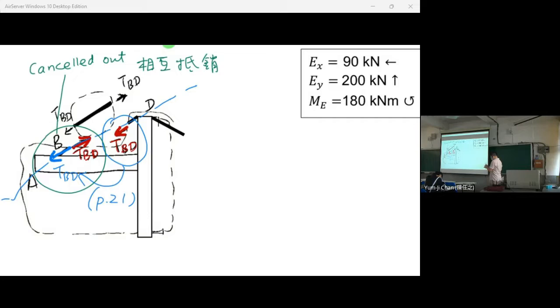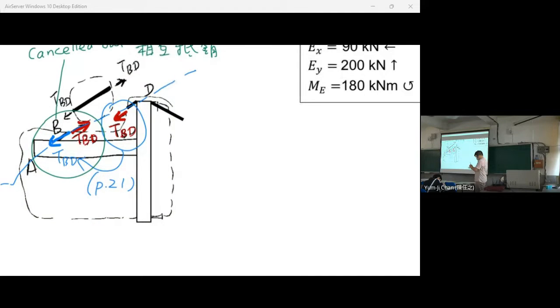The key point is this force can be moved to there, because we say this is a free body, and this can be moved according to the principle of transmissibility.